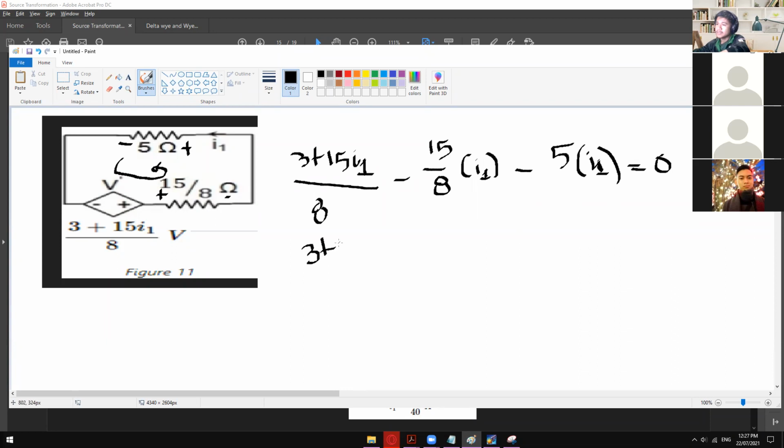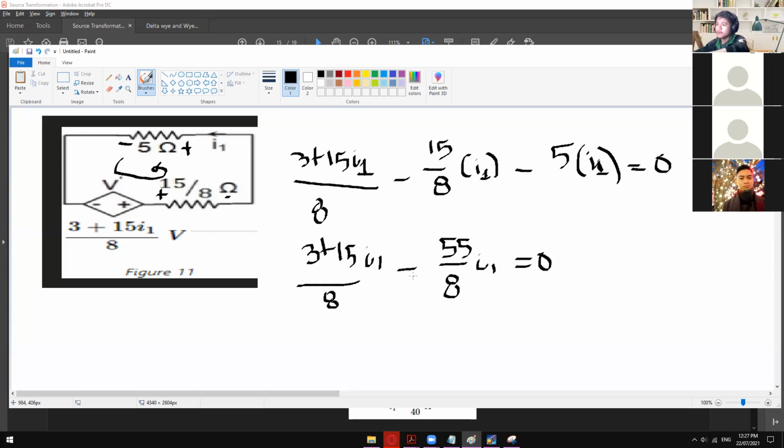So 3 plus 15 I sub 1 divided by 8 minus 15 divided by 8 plus 5 is equal to 55 divided by 8 I sub 1.